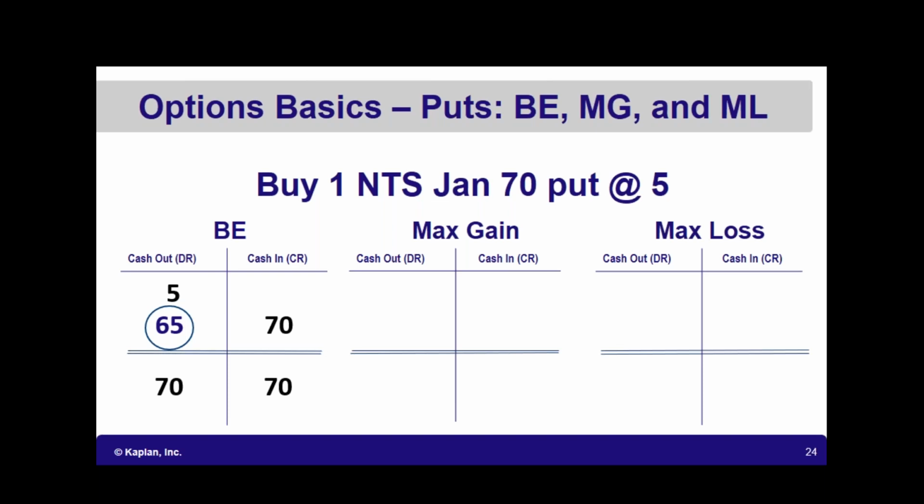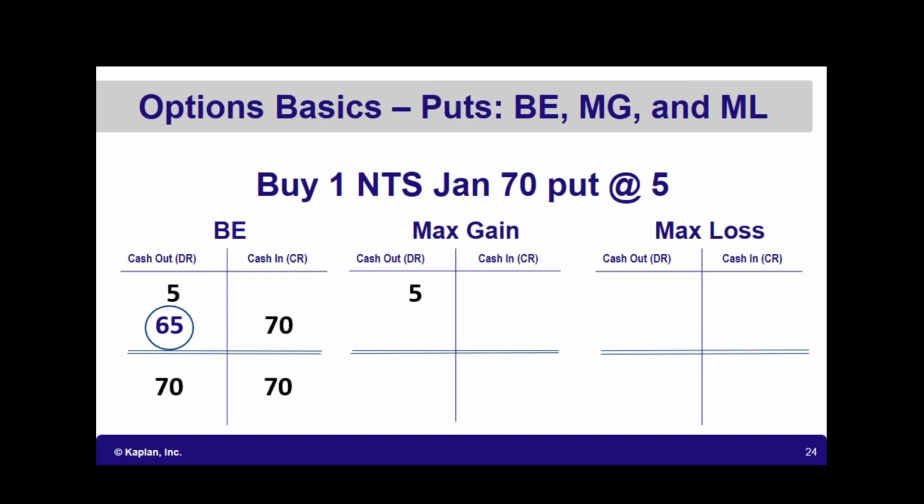To calculate the maximum gain, and hey, I'm like everybody else, I want to know how much money I can possibly make with this strategy. So to calculate the maximum gain, I've got $5 a share, or $500, that I've paid out.